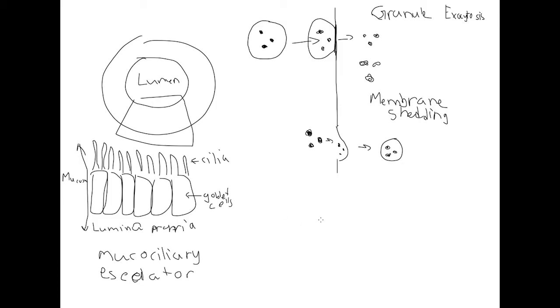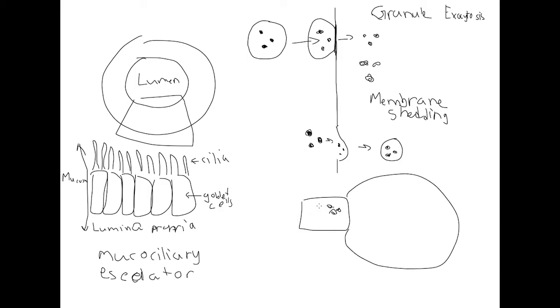So you can draw the whole story here. Let's say you have a goblet cell, and it produces its little glycoproteins or mucins, and it will exit in one of two ways. And then once it has exited, it will help to form mucus on the outside, inside the trachea, right? So now maybe this is what the trachea looks like.